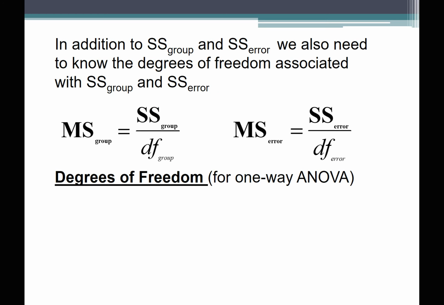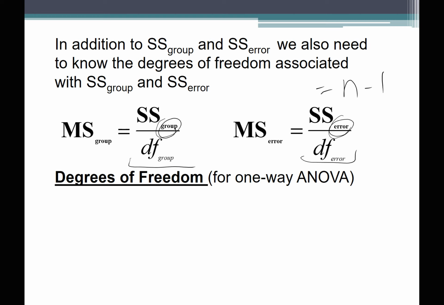So in addition to our sums of squares, for both between group and within our groups, we also need to know the degrees of freedom associated with across our groups and within our groups. So to calculate our degrees of freedom, before, for t-tests, we did n minus 1.